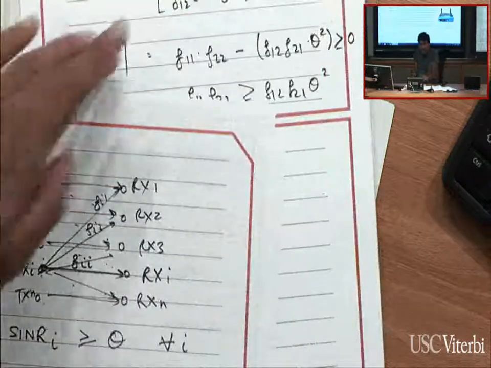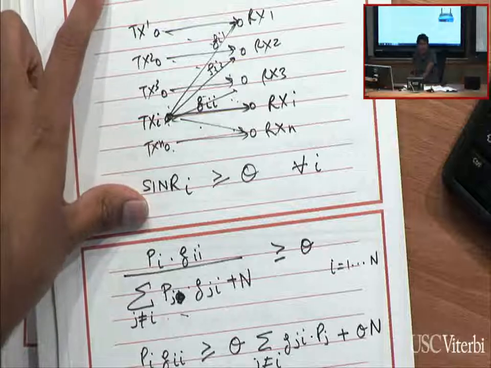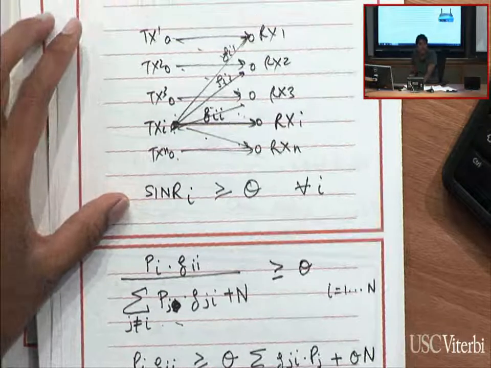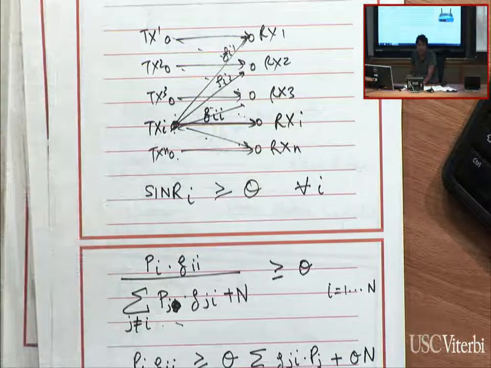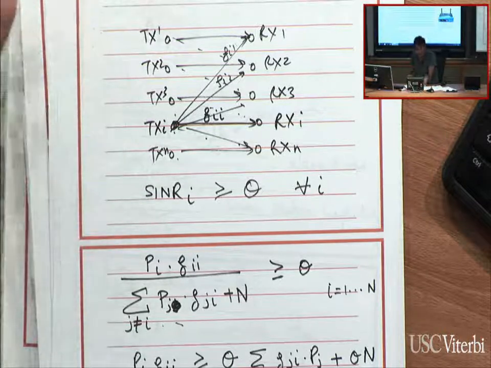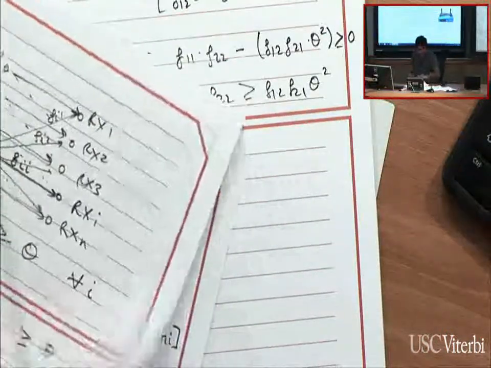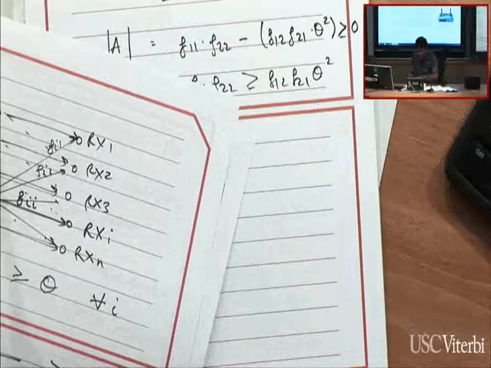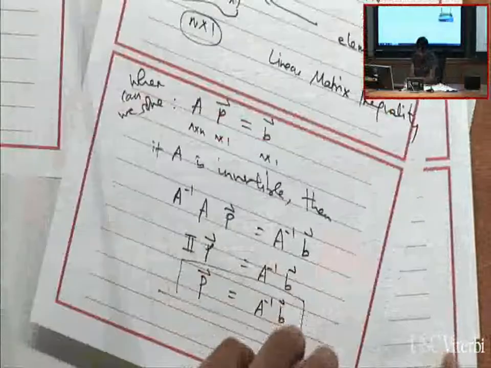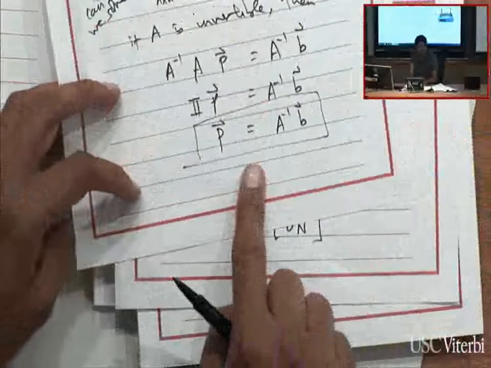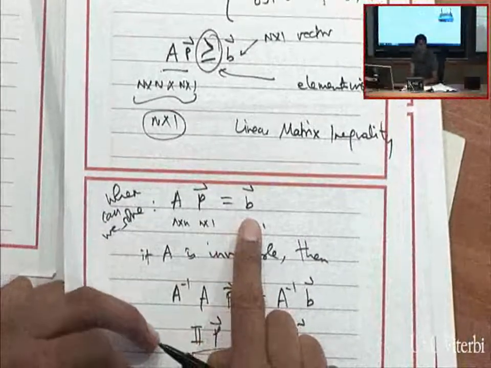We have a test for whether, if I give you n links, I can schedule them all in the same channel at the same time by allocating them different power levels so that they're all happy. Right? That's what this test allows us to check. And if it is satisfied, it even gives you a particular solution where they satisfy that condition with equality, which is this particular power vector. At this power vector, you will guarantee that they satisfy all the SNR thresholds with equality.